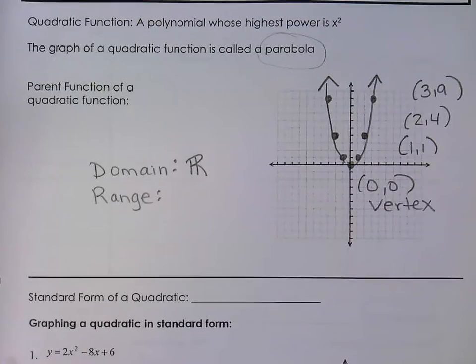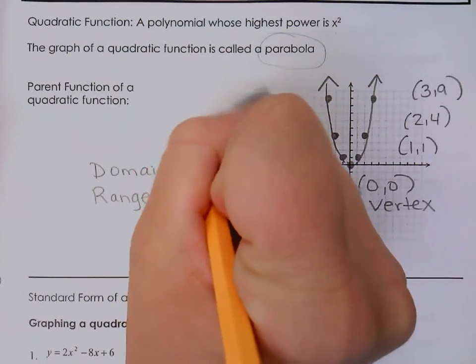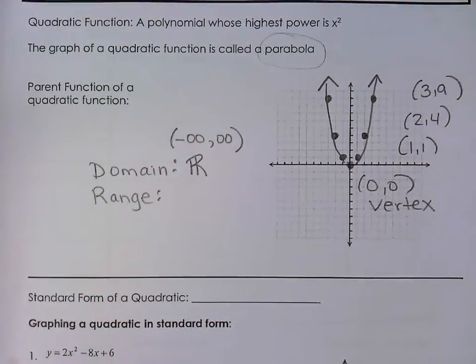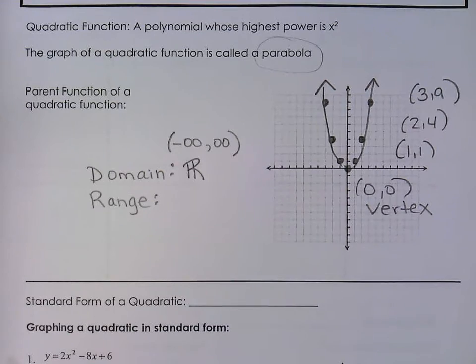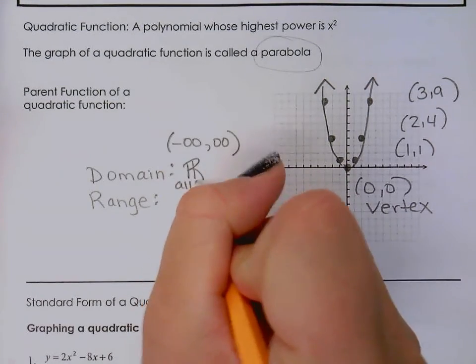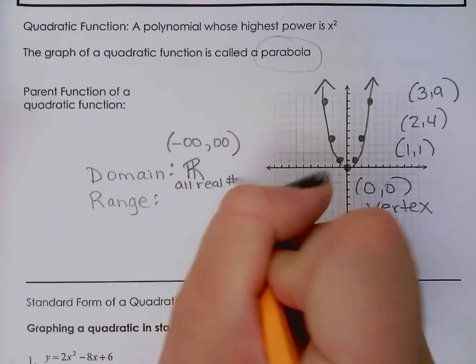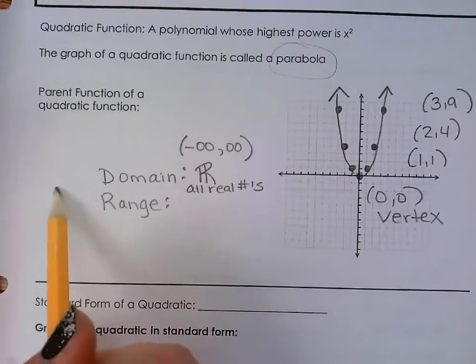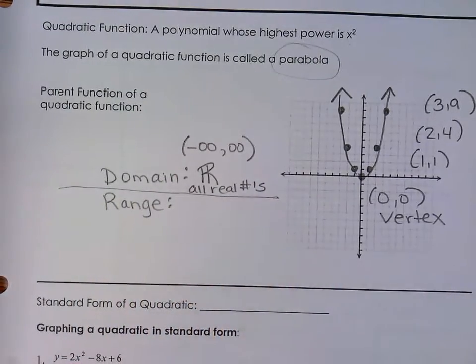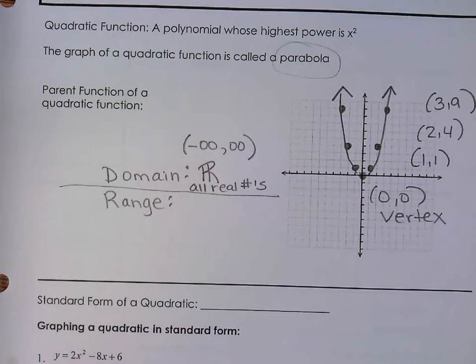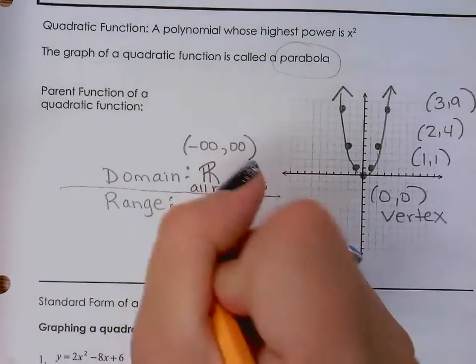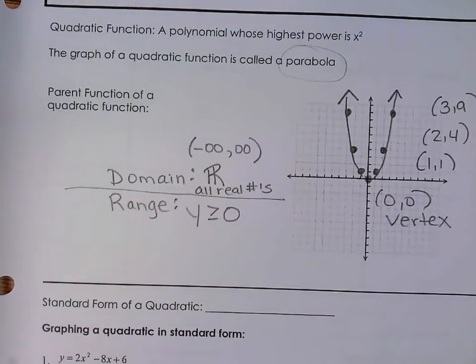If you're going to write infinity, you need to write negative infinity to positive infinity with parentheses. Or you could just write all real numbers. So that's my domain. And then my range is what? Y is greater than or equal to 0, like that.